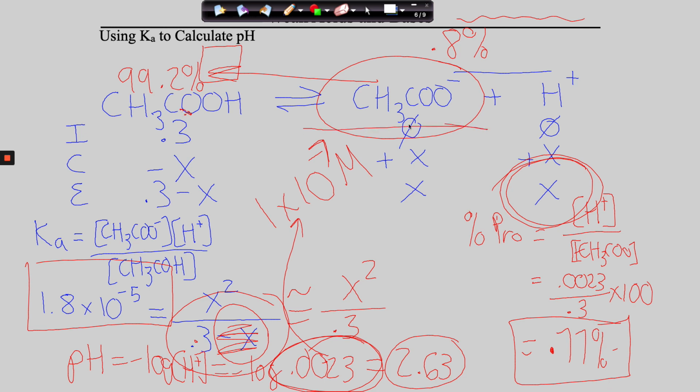Therefore, this is a stronger conjugate base. Yes? Okay, let's say that again. Compared to ant spit, this is a weaker weak acid. Therefore, this is a stronger conjugate base. Is that okay?